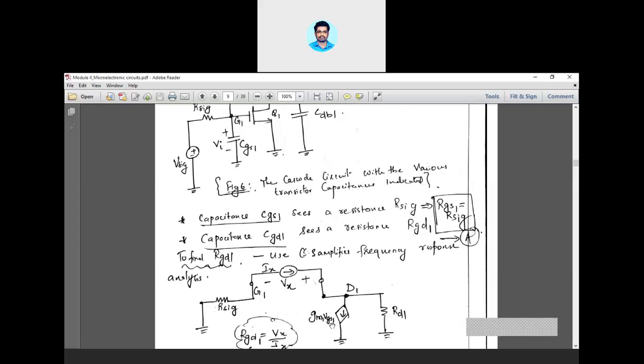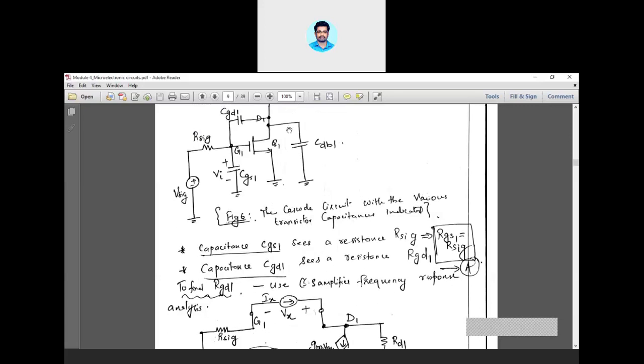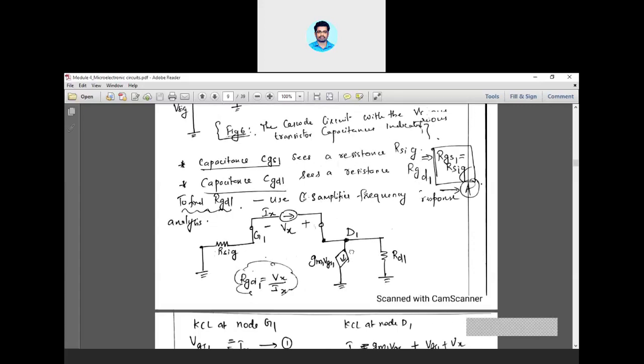Because of the voltage Vgs1 the current varies at different instances of time. So the drain current is a dependent current source represented by Gm1 into Vgs1. Also at the drain you have a resistance Rd1, which is something internal, so I just represented it as Rd1 as of now.